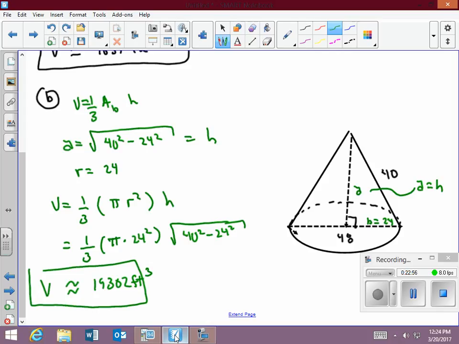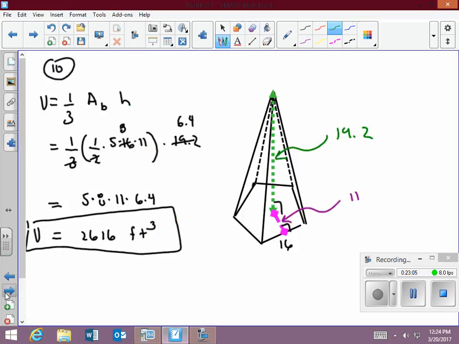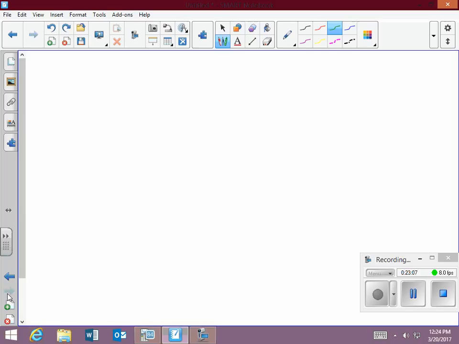It says find the volume of the following spheres, rounded to the nearest whole number. So what's the volume of the sphere? Number 16. Formula there, 4/3, isn't it?